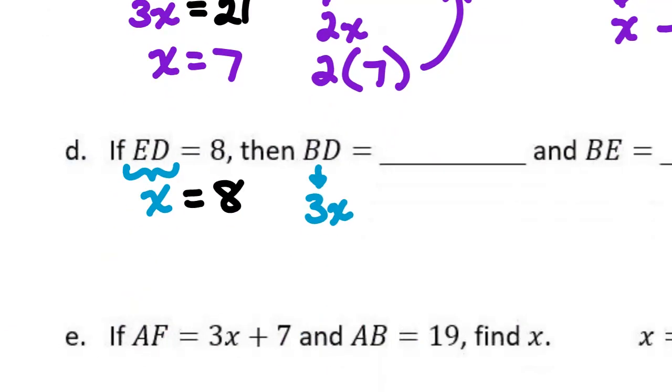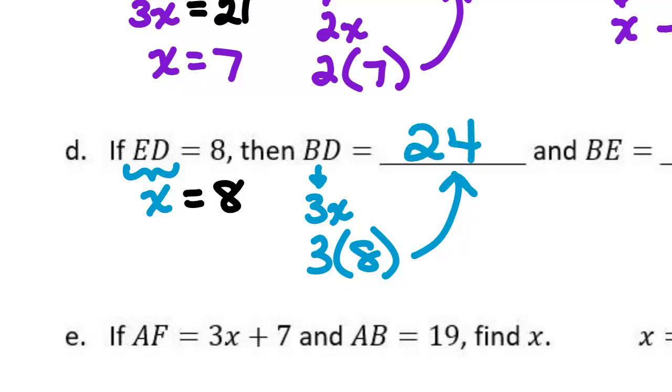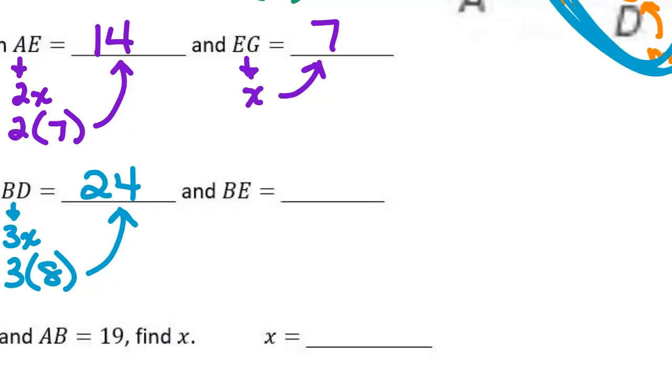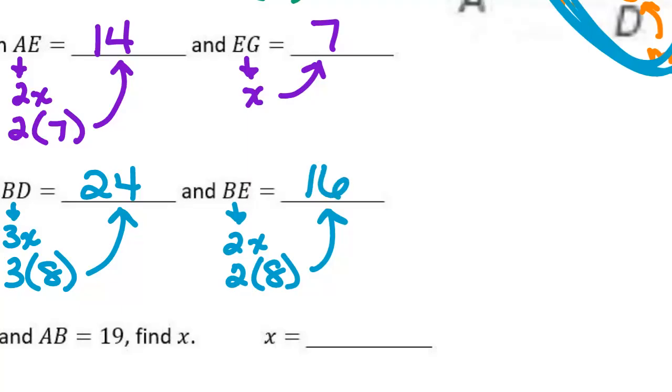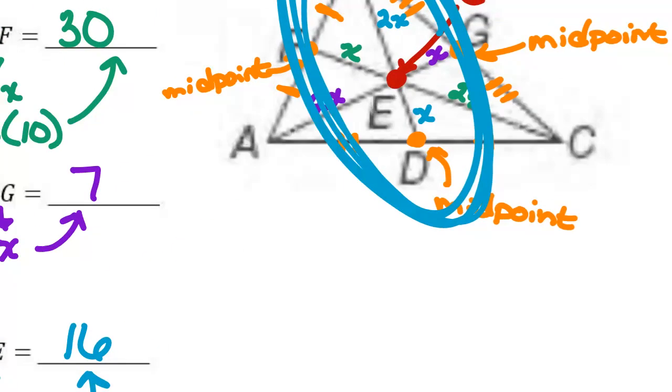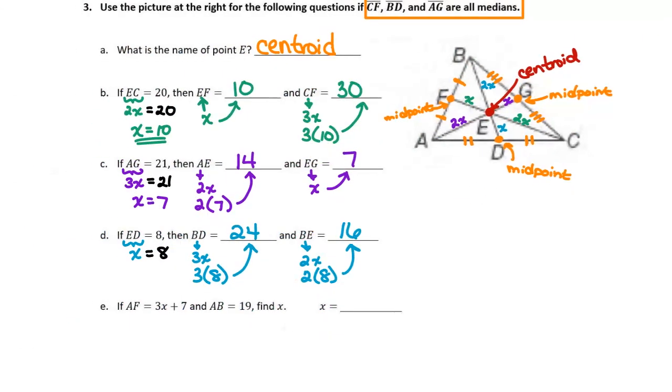And how much is x on this median? 8. What is 3 times 8? 24. And then we have BE. BE is 1x, 2x, or 3x? 2x. How much is x again? 8. And 2 times 8? gives us 16. Absolutely fantastic.